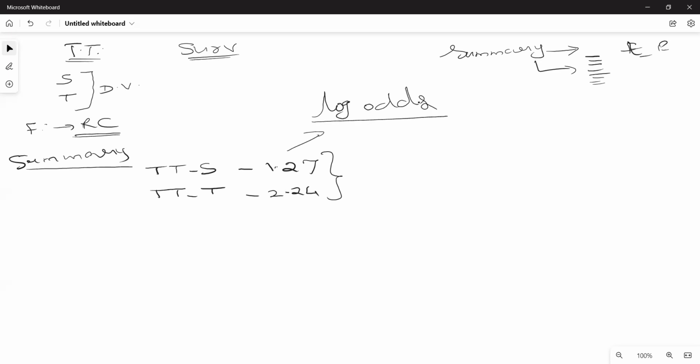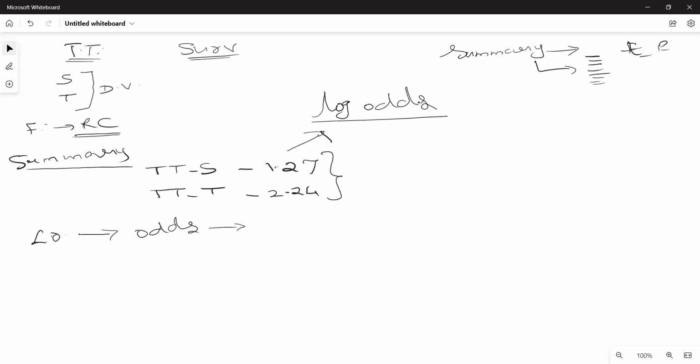The summary of a logistic regression gives you the log odds. Now, what is the meaning of this number minus 1.27? What we do is convert the log odds into odds, and after that we do the interpretation.